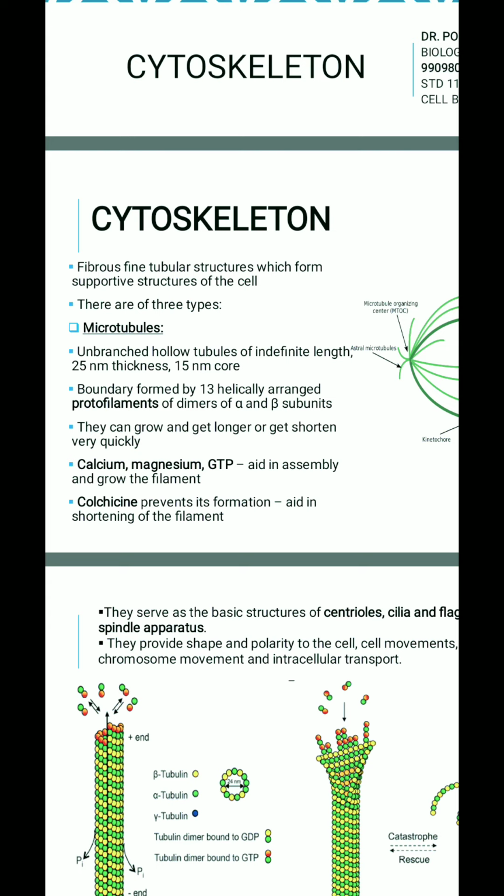Now how is the process happening? The main process, that is the assembly or polymerization process, happens in the presence of calcium, magnesium and GTP, that is guanosine triphosphate. So they are aiding the assembly to grow more and more filaments, but colchicine is one of the molecules that will prevent the formation of microtubules, so it is aiding in shortening of the filament.